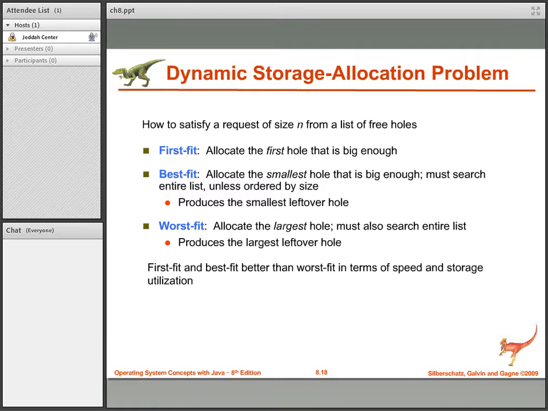The idea here is that you allocate the hole that is big enough to accommodate the incoming process, but at the same time does not leave a lot of empty space, so that it will fit the new incoming process in the best possible way.